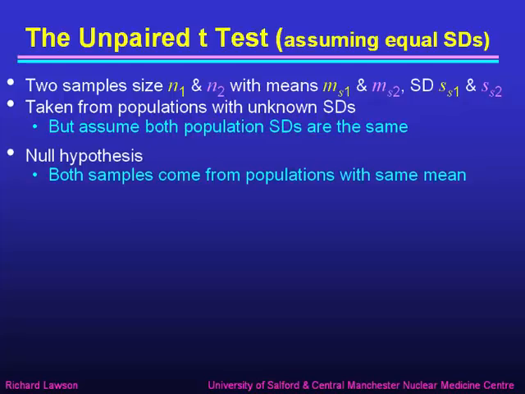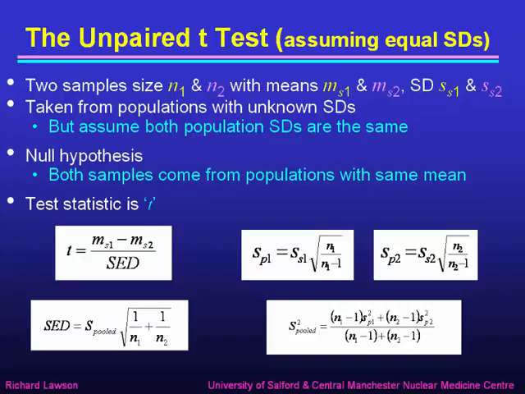The null hypothesis is that both samples come from populations with the same mean, and the test statistic is t, but it's a bit more complicated to calculate. It's still t is ms1 minus ms2 over the standard error of the difference, but we have a rather more complicated way of calculating the standard error of the difference.